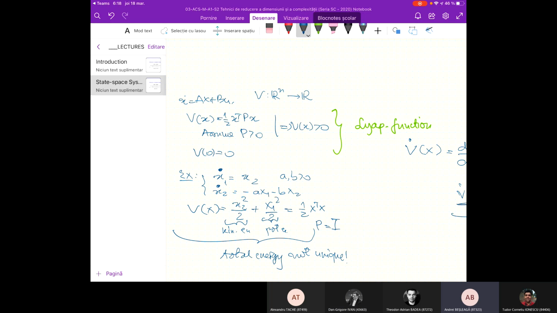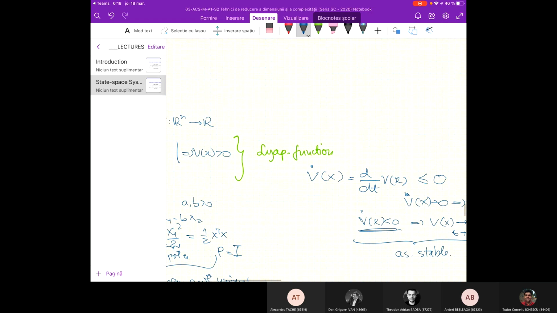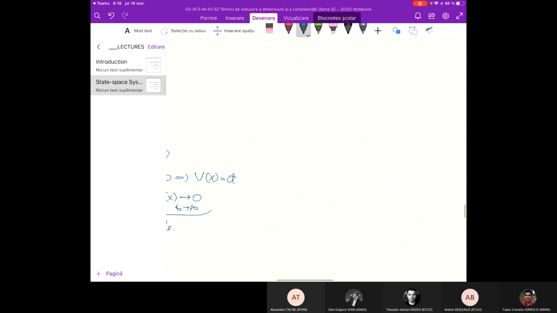Okay, fine. Now let's go back to our linear case. What is V dot in the linear case? V dot is d/dt of one half x transpose P x.